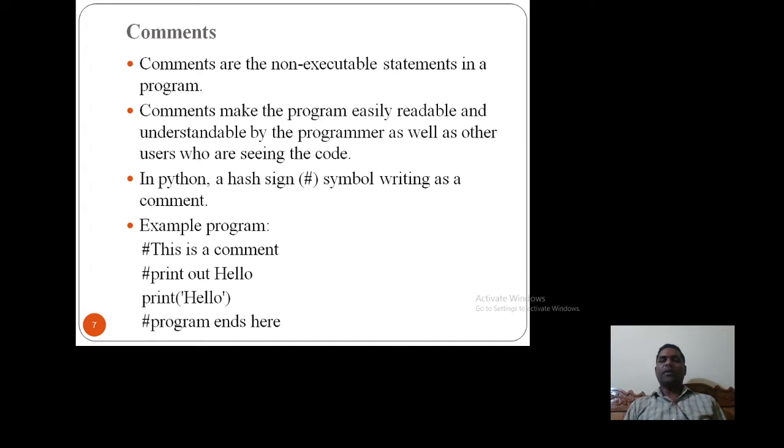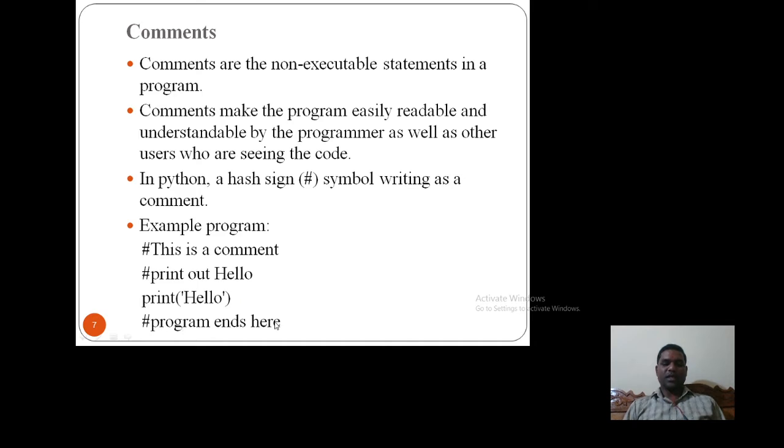To write a single line comment, we need to use the hash sign. This hash sign, here in statement number 3, is useful to write a single line comment. For example, I will write, this is a comment. This line will not get executed. And print out hello, this line also will not get executed. And print hello will get executed.